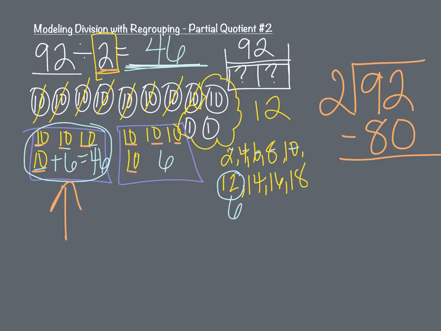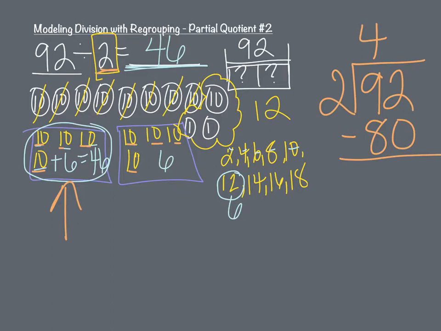Well, in each group, how many 10s did I have? That's right, 4. So 4 will go above the 9 to show the 80. Now, this is not a 4. We're looking at it as 40 because it's in the tens place of this quotient. So think in your head, 40 times 2 is 80.